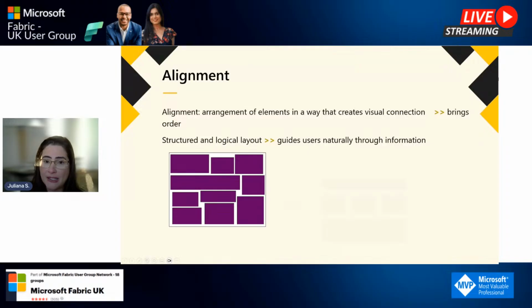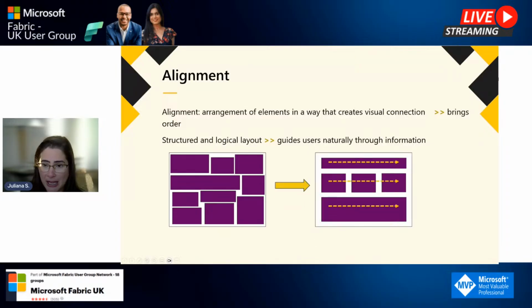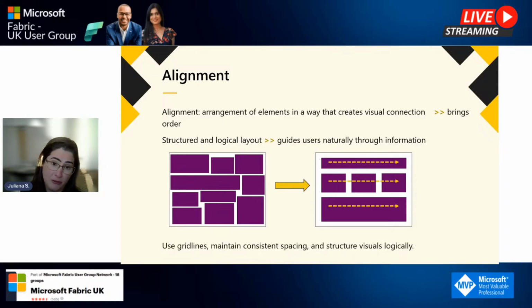When we have elements that line up, like here, we create a sense of order as well as professionalism. There are different ways we can achieve good alignment. We can use grid lines. We should, of course, ensure consistent spacing as well as structuring the visuals logically. So if you know that one visual is related to another, you're not going to put them on opposite sides.